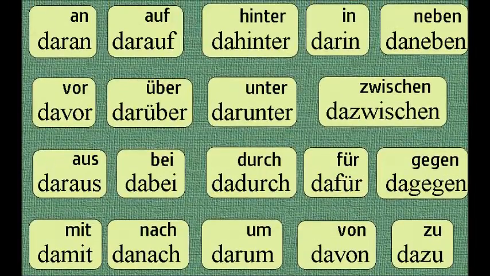Here's a list of all the prepositional adverbs with da. Daran, darauf, dahinter, darin, daneben, davor, darüber, darunter, dazwischen, daraus, dabei, dadurch, dafür, dagegen, damit, danach, darum, davon, dazu.